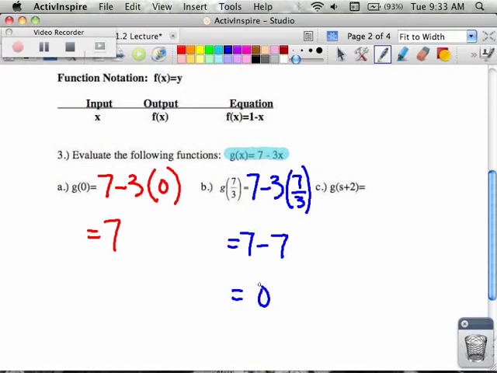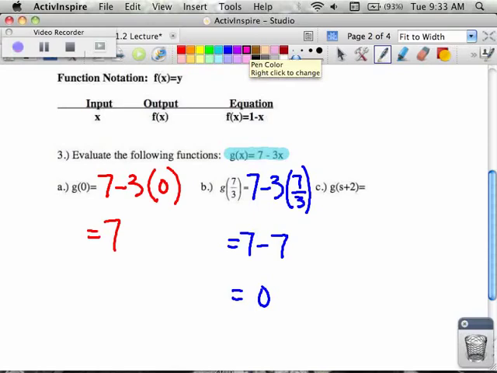In the last one, what's weird about that last one? There's an unknown variable. There's another variable. It's kind of weird. They're putting a variable in for a variable. Have no fear, no big deal. Same idea. I look into that highlighted blue equation, and everywhere I saw an x, I put in s plus 2.